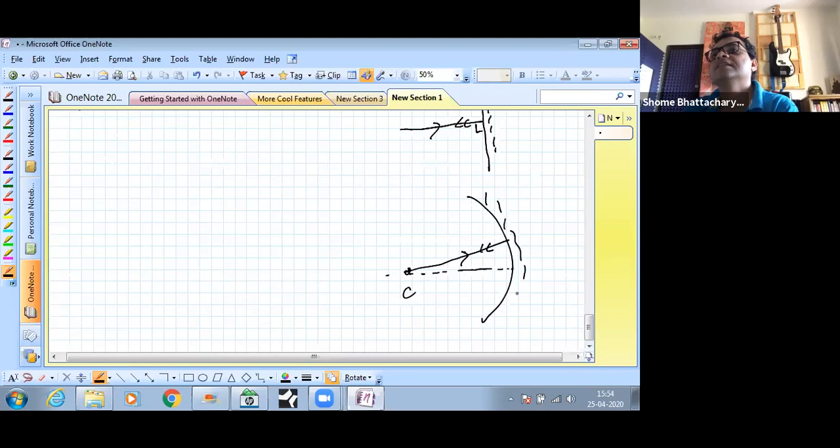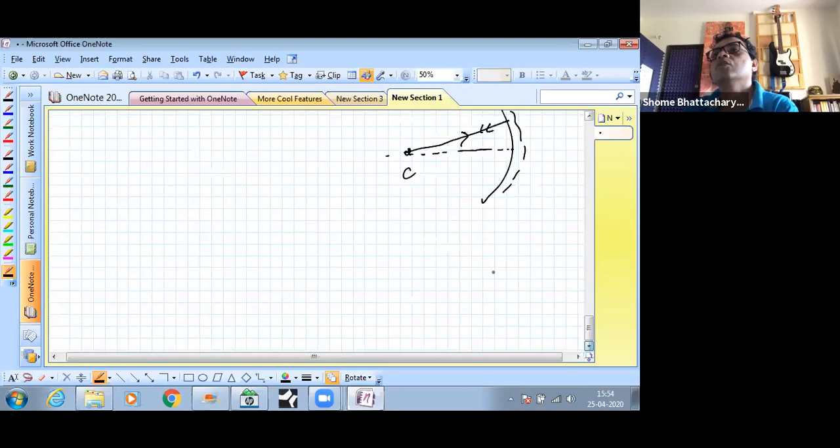The same goes for a convex mirror, though it looks a little trickier because the center of curvature is behind. If I want normal incidence and therefore the rays to retrace their path, the ray should be incident like this, such that if you produce it forward, it will meet the center of curvature. So it will retrace the path. This is a very important concept.